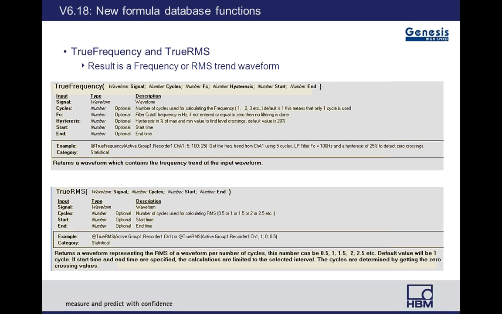There were also 2 new functions added to Perception for version 6.18, and they are true frequency and true RMS. The frequency and RMS functions that were previously in the function formula database, and are still there, just determine the frequency and the RMS either over the entire file or between 2 time points.